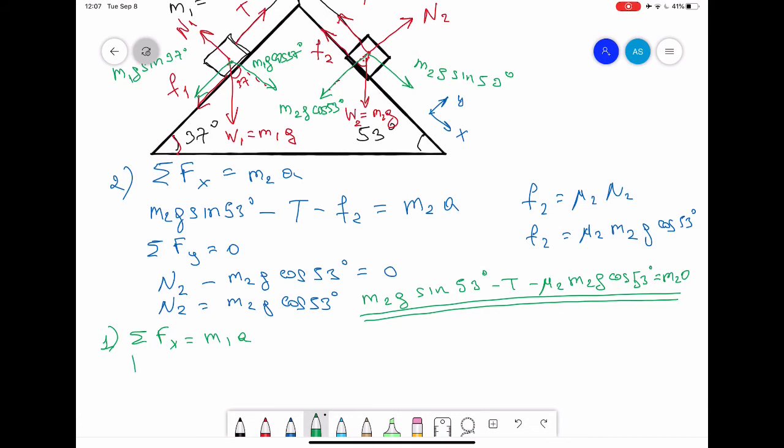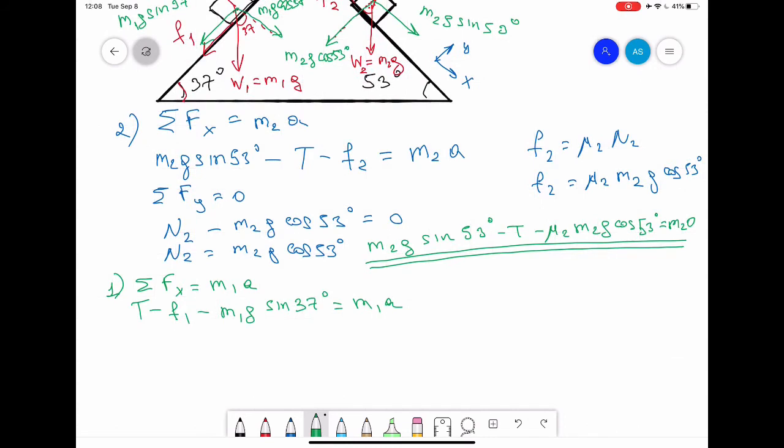We're going to have tension, which is in a positive x, minus friction 1, then minus m1g sine 37 degrees, right? Is there anything left? Okay, which is equal to m1a.